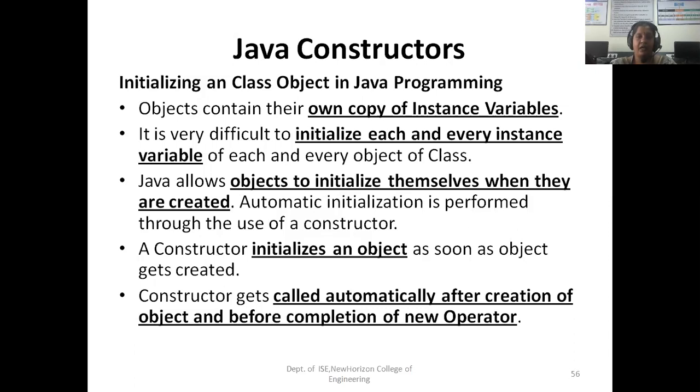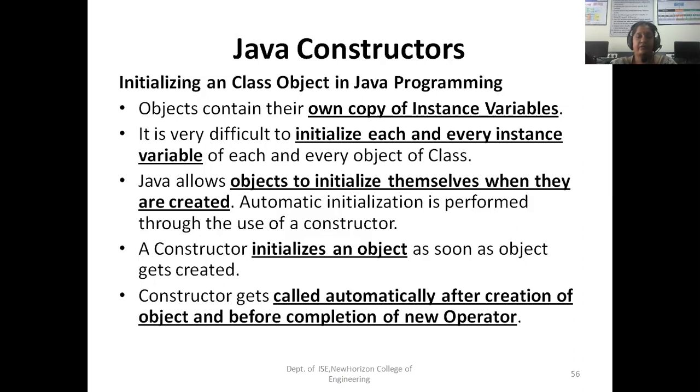But in Java, there are a number of features compared to C++. One of the important features of Java is that we are not going to use destructors. Why do we use destructors in C++? For however many objects we have created, we have to destroy the objects. But in Java, as a developer, we do not need to destroy the object.